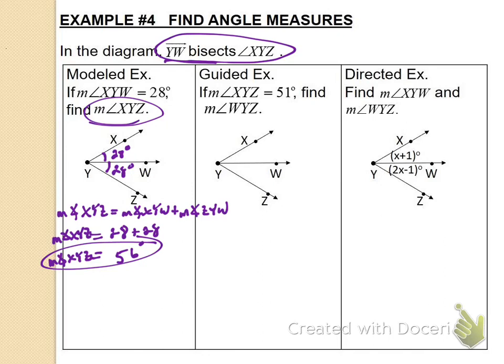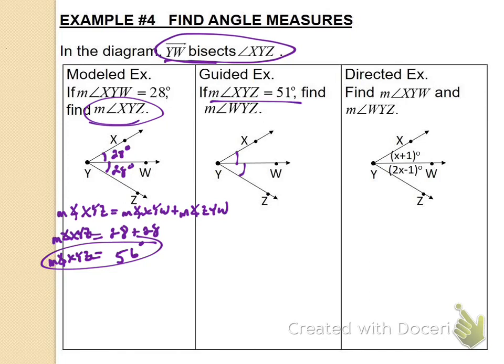The second example here, check that out. Again, YW is bisecting angle XYZ. So what exactly does that mean? Remember, it means it's cutting the bigger angle up into two congruent pieces.